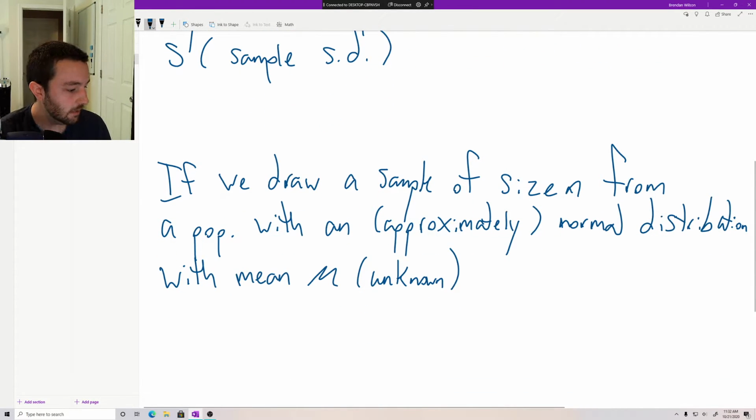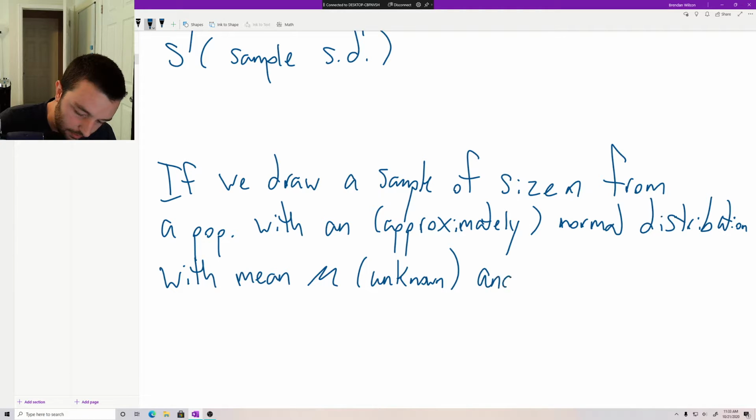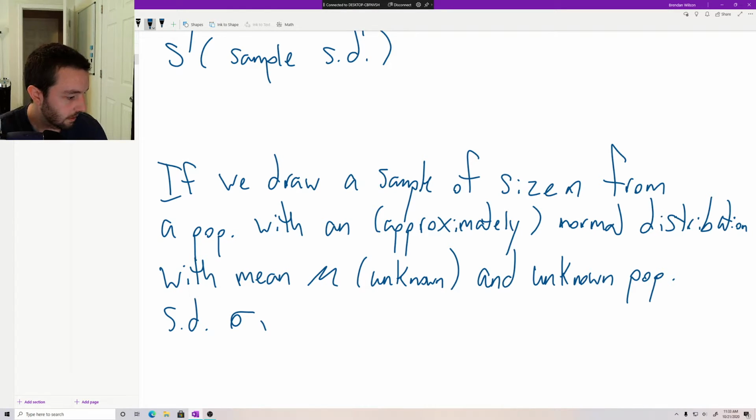But now the difference between this one and the last one is that the population standard deviation is also unknown. Okay. And unknown population standard deviation, sigma. Okay.